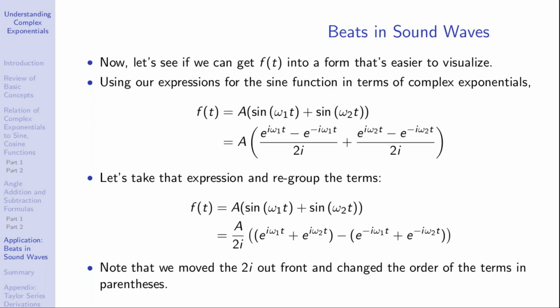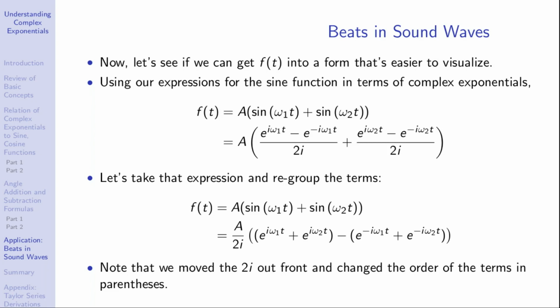So f of t is equal to the sum of these two sines, and that is equal to A times e to the i omega 1 t minus e to the minus i omega 1 t over 2i, plus e to the i omega 2 t minus e to the minus i omega 2 t over 2i.